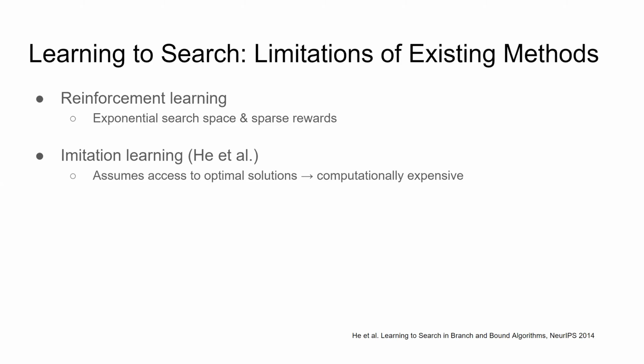So here I'm presenting a simplified version of the search process by limiting what the action space is. Pictorially, if I'm at this blue node, I simplify the action space to have two actions. One is branch to a child node of this blue node. And the second is backtrack to the parent node of this node.